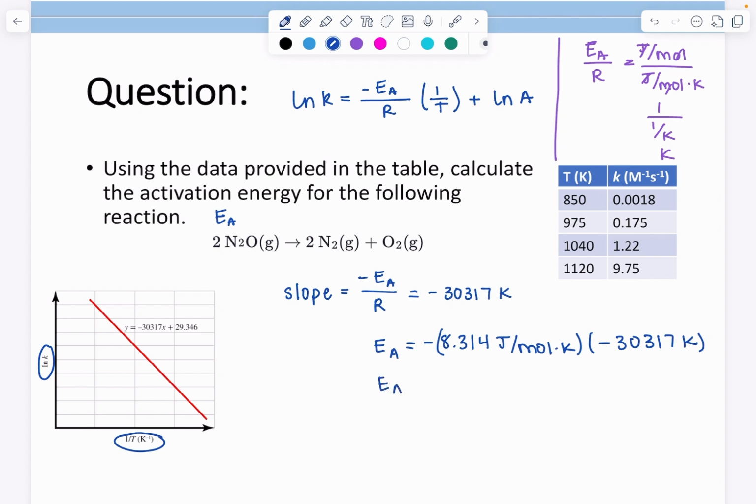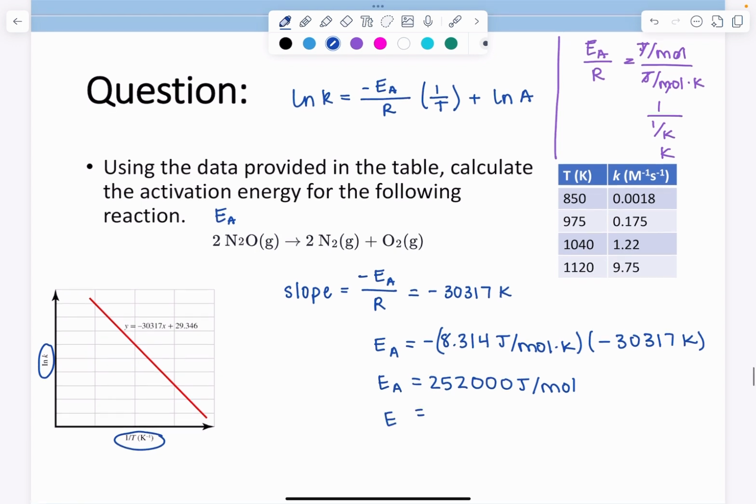Activation energy is 252,000 joules per mole, and we can convert that to kilojoules just so it's a more manageable number, 252 kilojoules per mole.